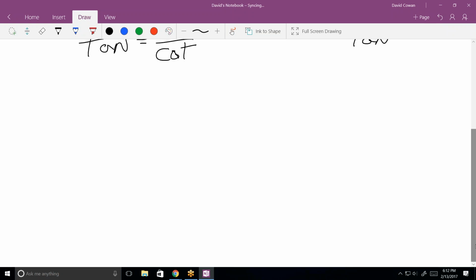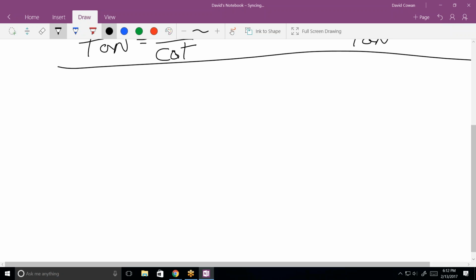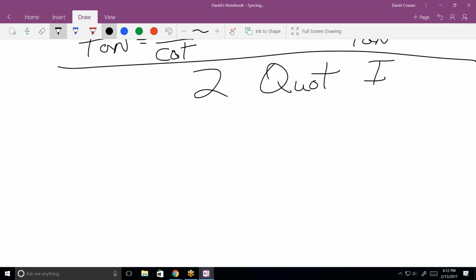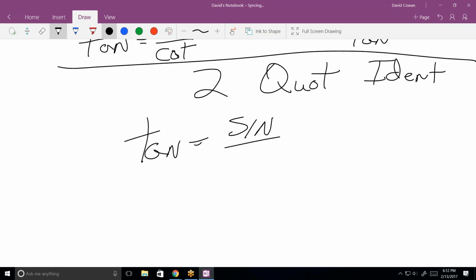Now let's talk about the 2 quotient identities. Tangent equals sine over cosine. I'm leaving out the x in the interest of not writing so much. You can't have a tangent just by itself; it has to have an angle. So I'm implying that's tangent of x, sine of x, cosine of x.